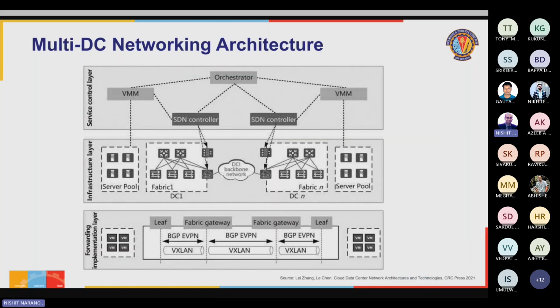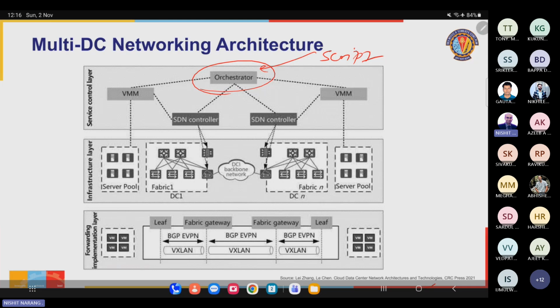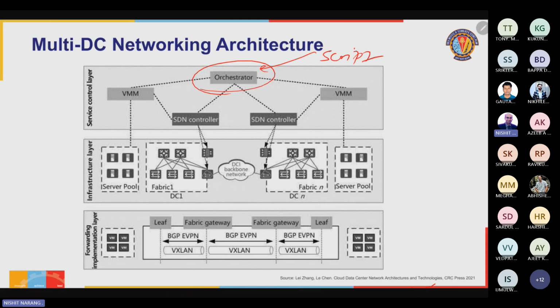I provide that Terraform or Ansible script file to the orchestrator. Every cloud has an orchestrator, which will take in this script file, this code file, and deploy the entire infrastructure, the entire VPC, for you, automated in the backend.